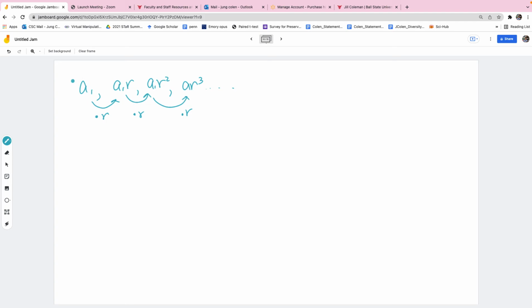What do you notice? The first number is multiplied by R to the 0th power, because that is 1, and 1 times a sub 1 is itself, right? This 1 is hidden here. So the sequence is a sub 1 times R to the 0 power, a sub 1 times R to the 1 power, a sub 1 times R squared, a sub 1 times R cubed, and so on.